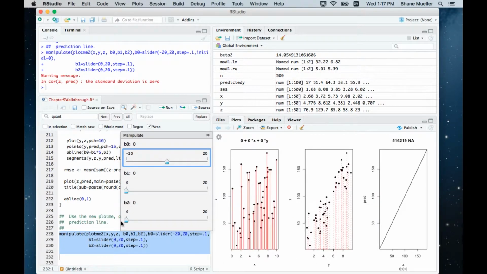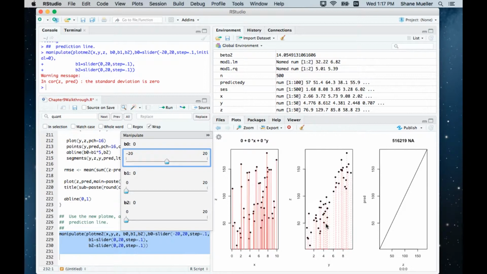we'll do this. And now I've got an intercept, that's b0, and b1 is the relationship with x, and b2 is the relationship with y. So I really have two slopes, one with respect to each predictor. And those two slopes together with the intercept actually form a plane through three-dimensional space that this fits through. And I can adjust either of these, and I've plotted here x versus y, x versus z, and y versus z.